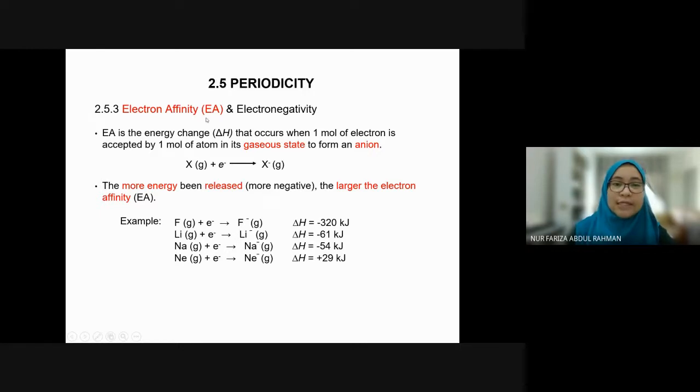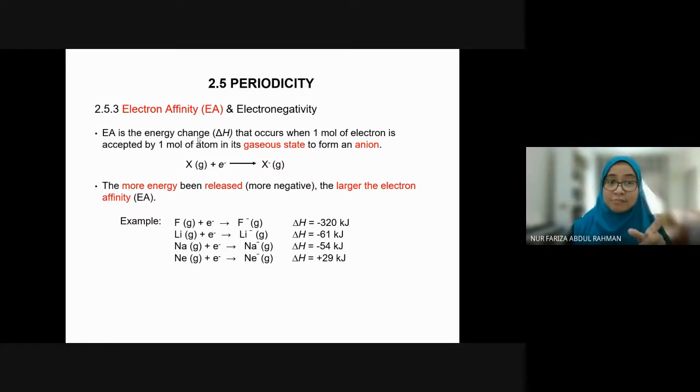Or in short, EA. We are going to cover the electron affinity first, based on this red colored font. EA is the energy change, delta H. This is not the same as what we have for ionization energy.